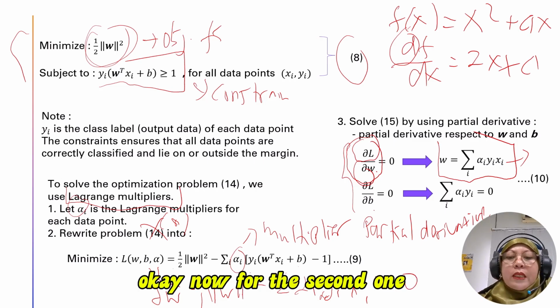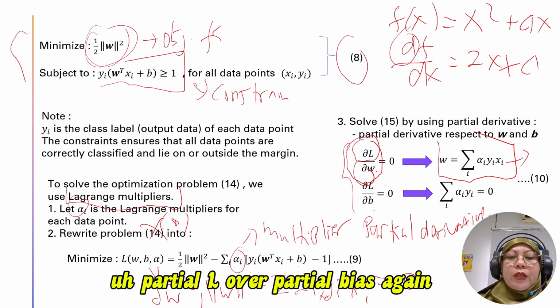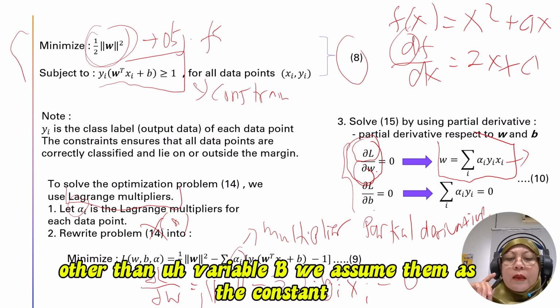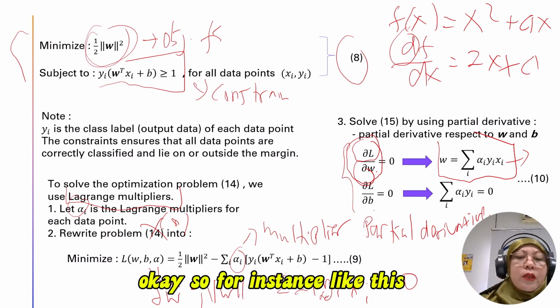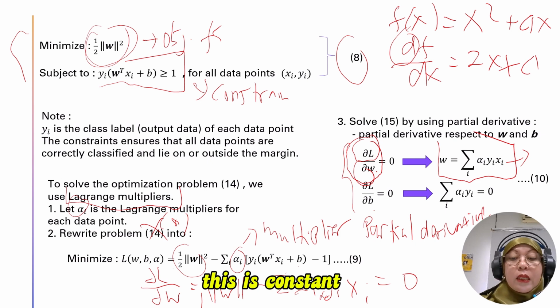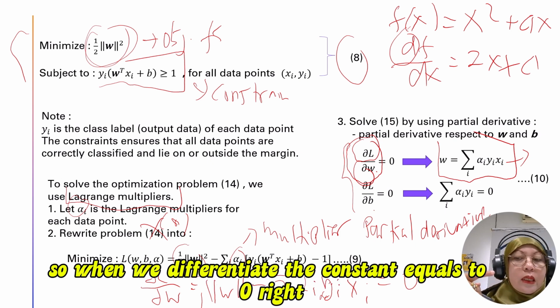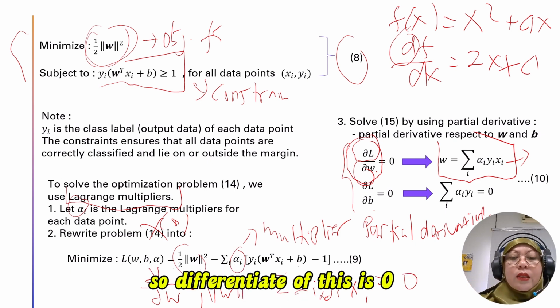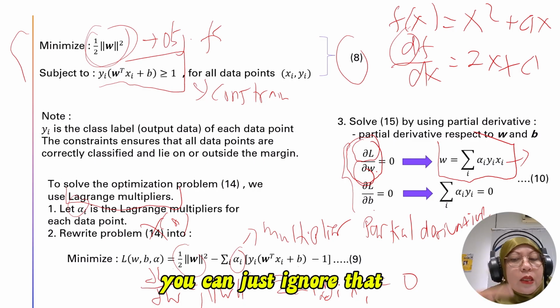Now for the second one, partial L over partial bias. Again, other than variable b, we assume them as constant. For instance, this is constant, and when we differentiate a constant it equals 0, right? So the derivative of this is 0. You can just ignore that.